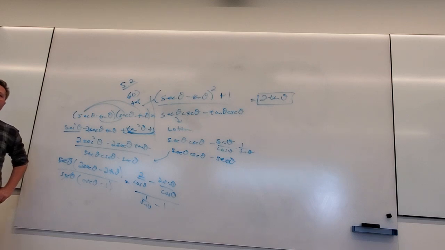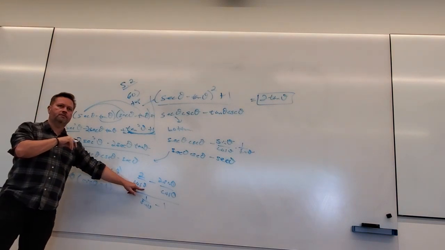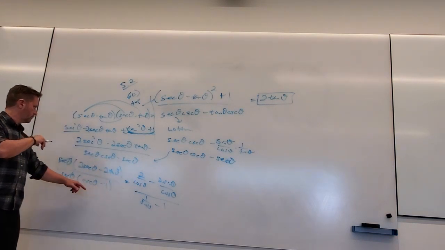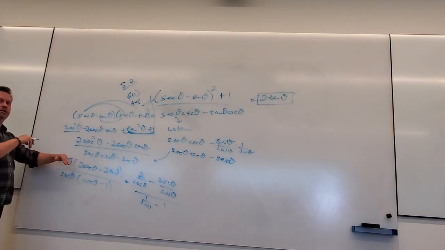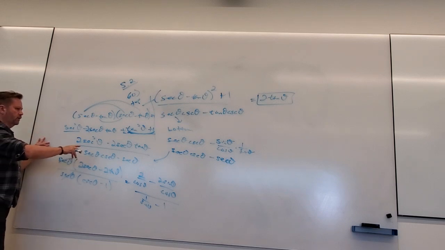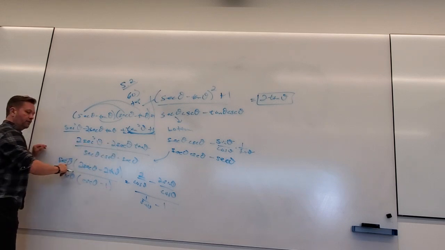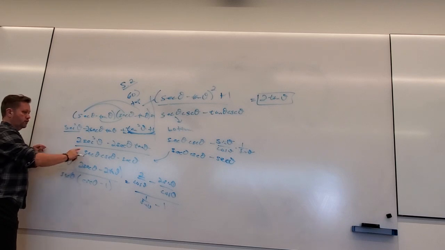How do we get rid of the 2 secant theta next to it? No, that was two steps back. On the top, I took a secant theta out, but it's 2 secant squared.